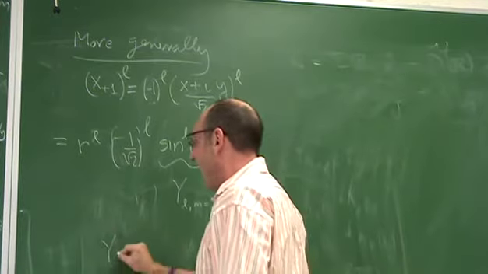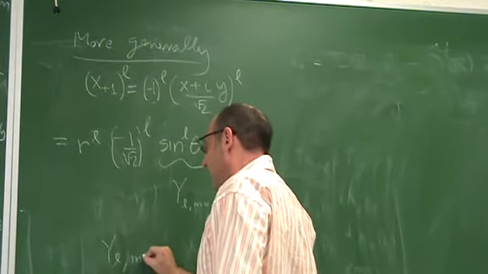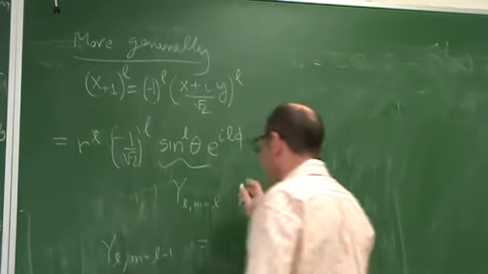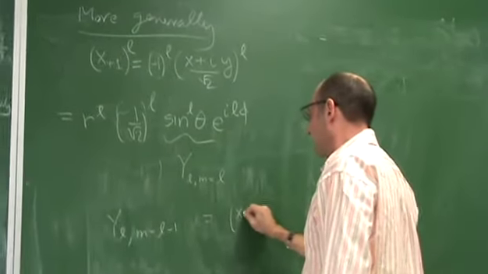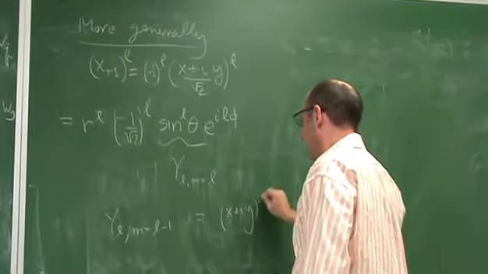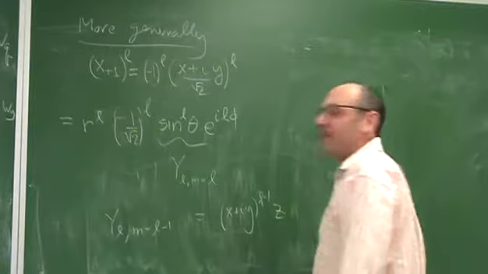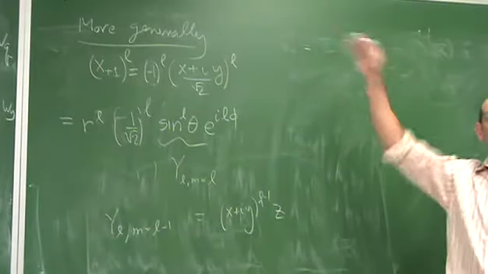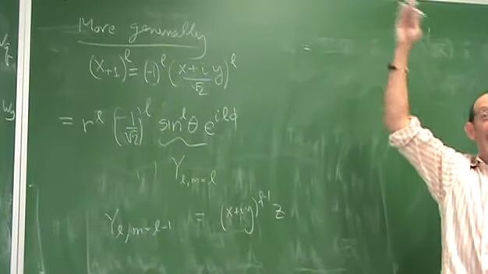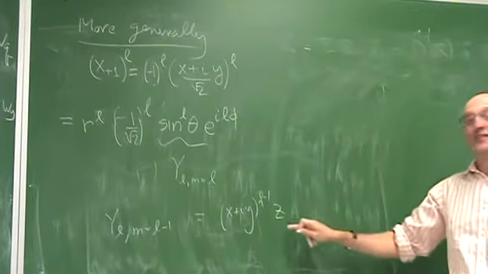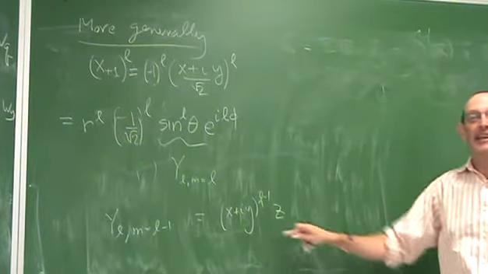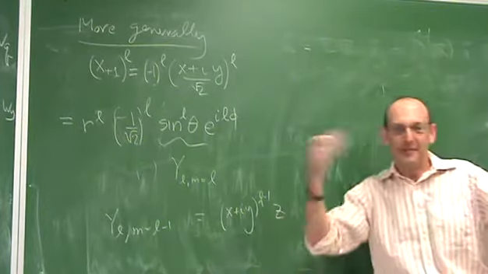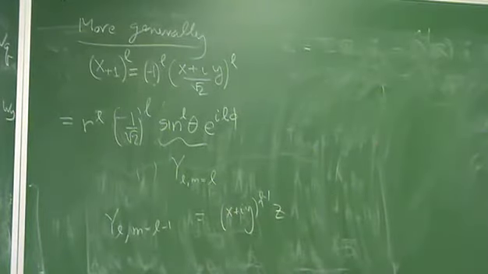The Y_L with m equals L minus 1, I could lower this easily because the lowering operator takes this down a notch. X plus 1 goes to x0. So this polynomial, if I write this out, is this Y_LM. And I can keep doing that with the lowering operator. If you got to find those Y_LMs, man, this is the way to do it.